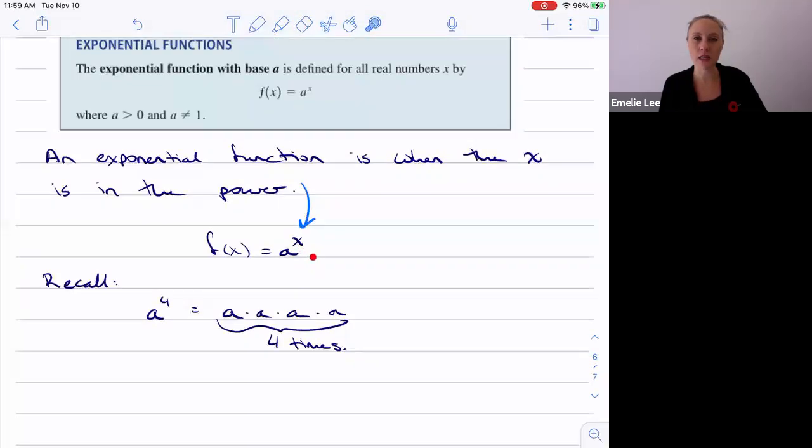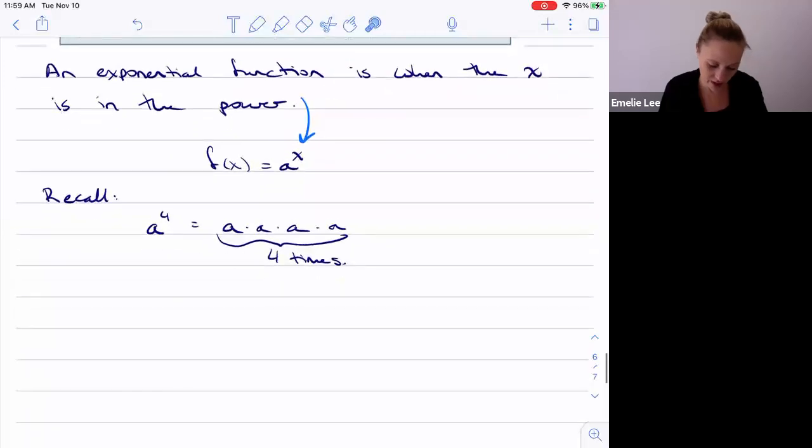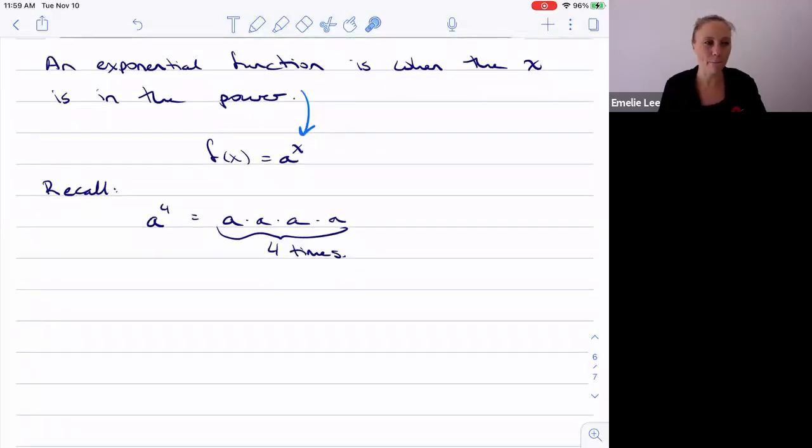So exponential functions just let you vary how many multiples you have. And you've probably heard of things like exponential growth. Oh yeah, things are growing exponentially. What that's saying is that it takes off. It starts slow and then things grow really quickly. So that's what we're going to talk about when we're talking about exponential functions.